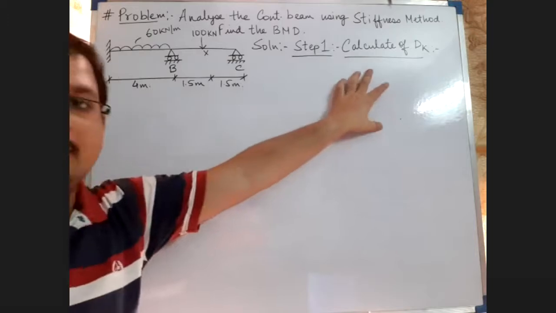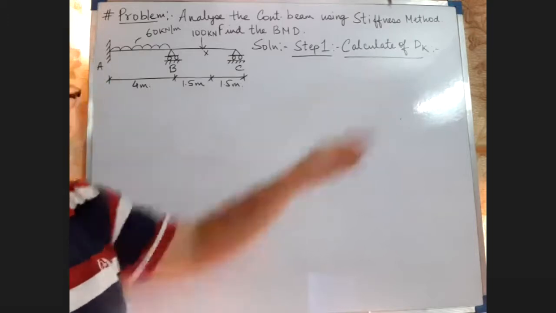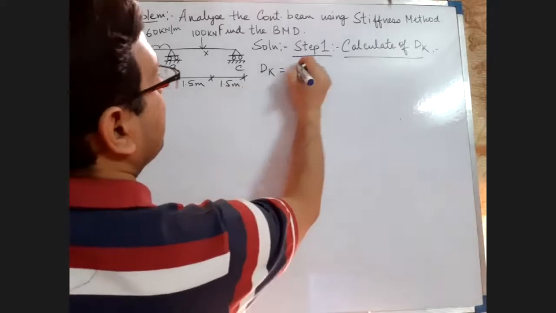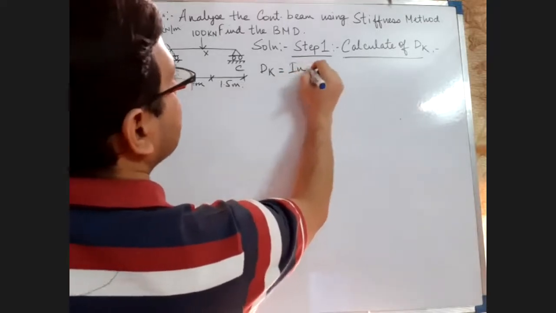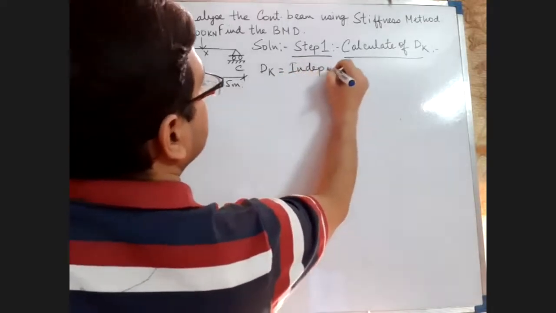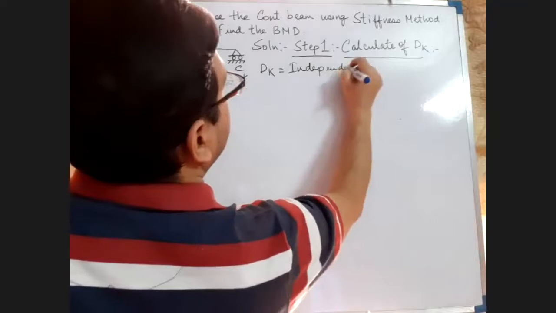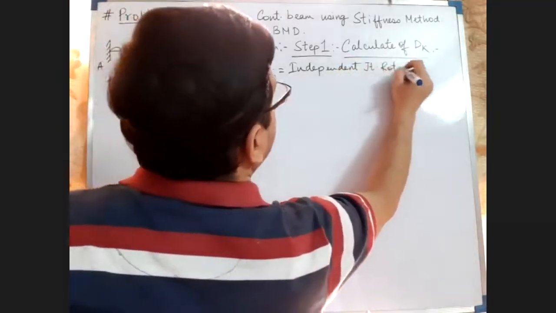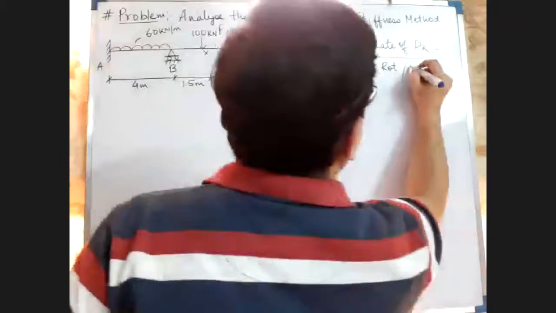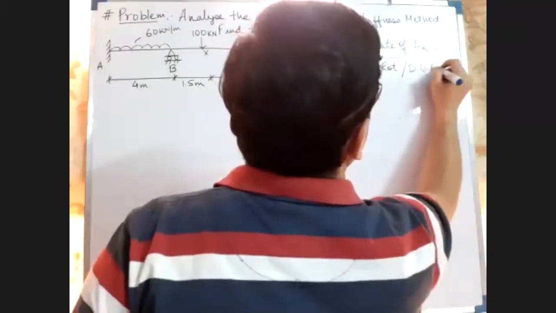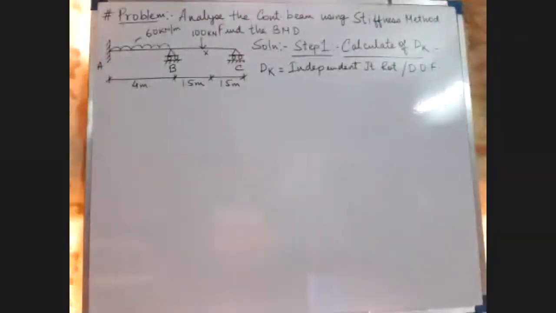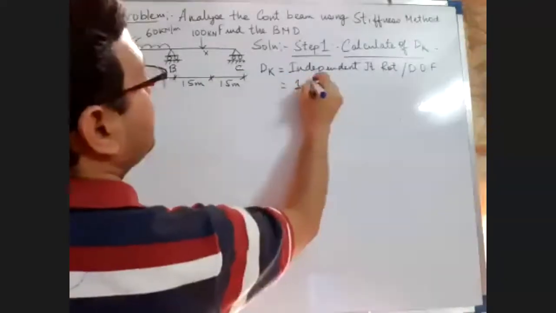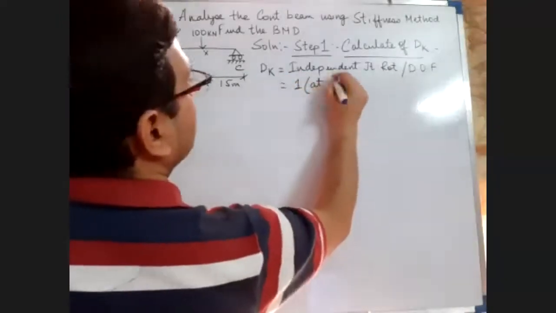We all know dk is basically the independent joint rotation, or degrees of freedom at any support. So dk will be 1 at support B.